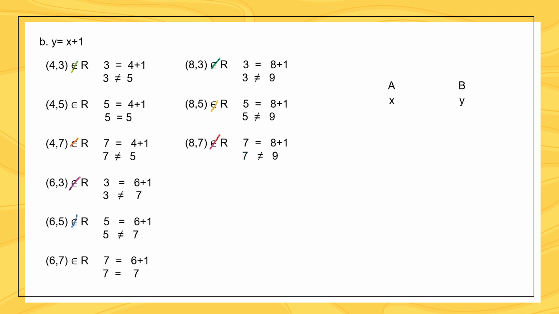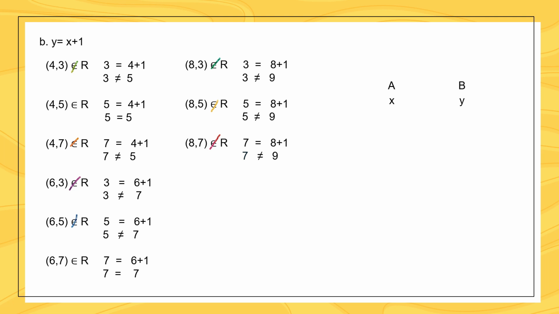For letter B, the relation S is stated as y is equal to x plus 1. We have here (4, 3) is not an element of S because 3 is equal to 4 plus 1, and 4 plus 1 is 5.